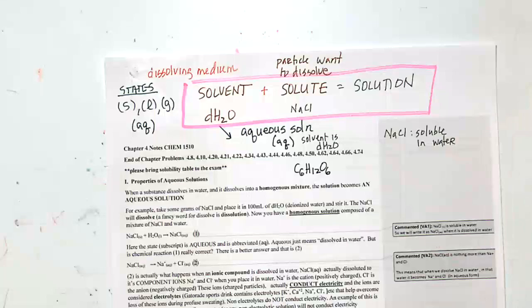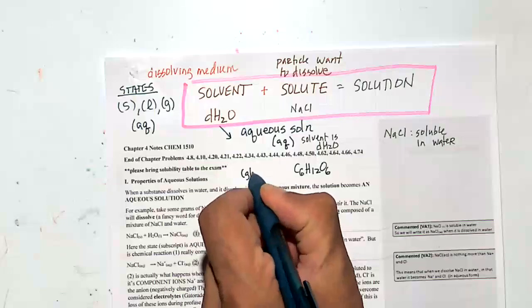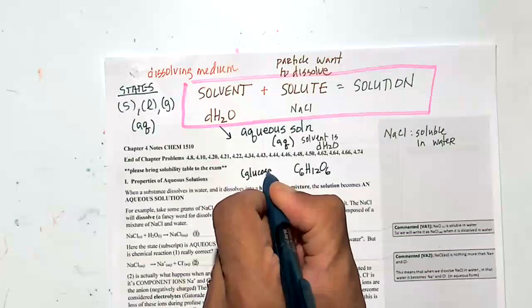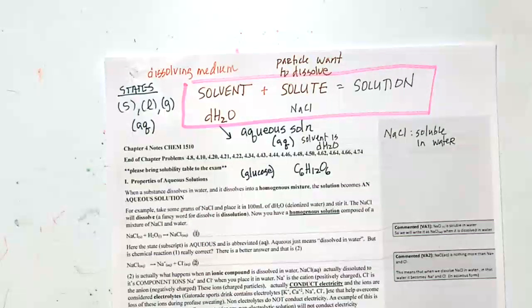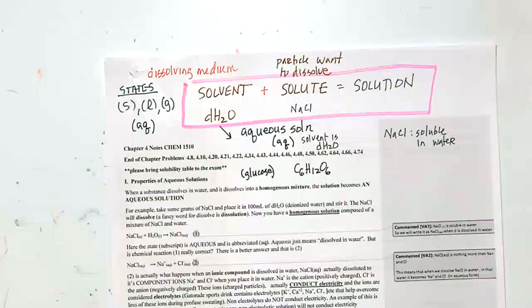A major component of that sucrose that I dissolved in water is glucose, which is C6H12O6. This is not something you need to know. All you need to know is that I dissolved it in some water and I've made a solution.